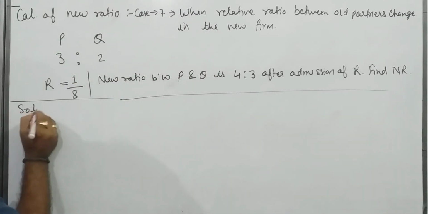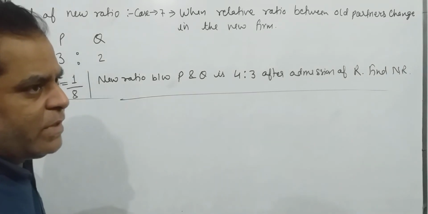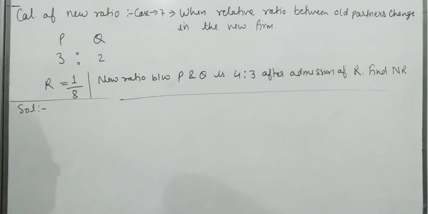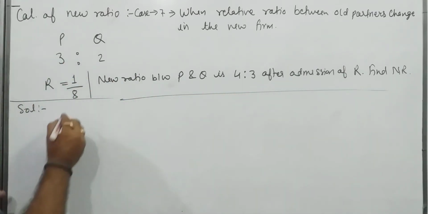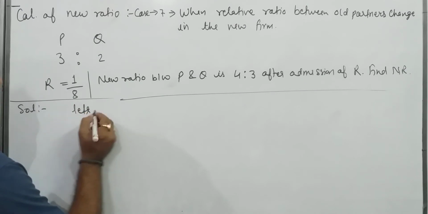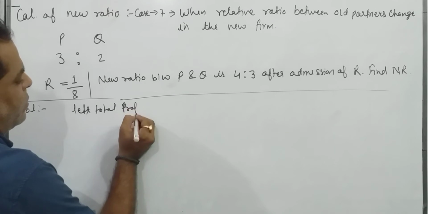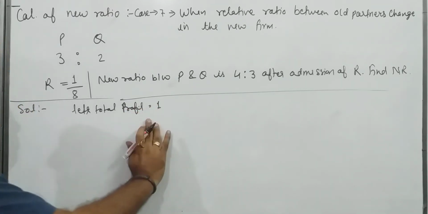Solution. The same way as we did in case 1, we have to do here also, but after sacrificing to the new partner, the remaining share will be distributed amongst the partners in a new ratio. See, let total profit be equal to 1.